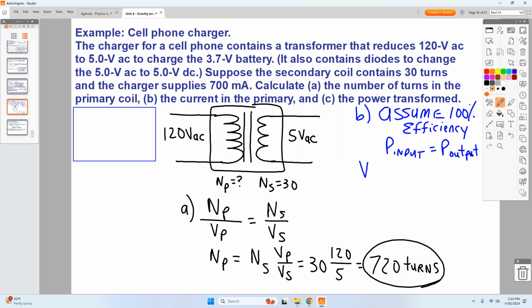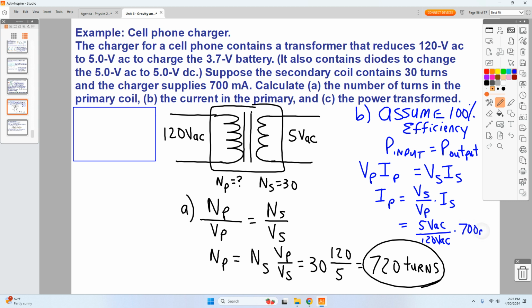Power would be voltage on the primary multiplied by current on the primary. That would be equal to voltage on the secondary times current on the secondary. I'm looking for the current in the primary, so I solve that for I sub P. It's 5 volts AC divided by 120 volts AC, then multiplied by the current in the secondary, which is 700 milliamps.